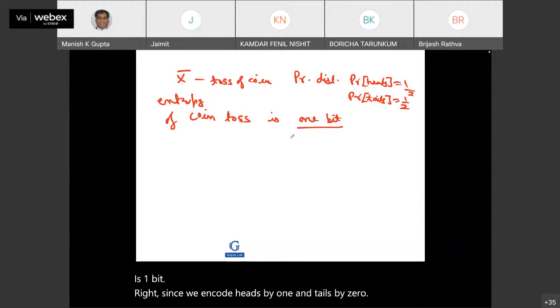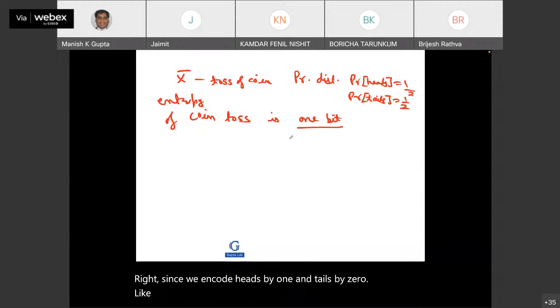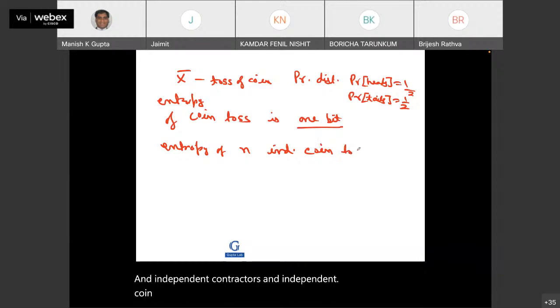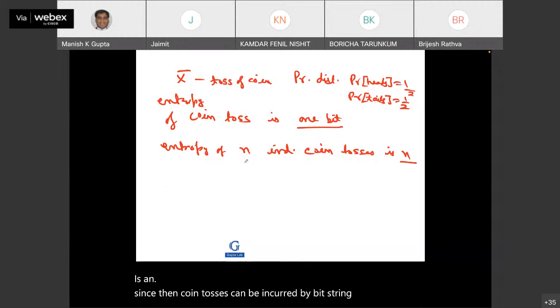It's just 1 bit. Similarly, the entropy of n independent coin tosses is n, since n coin tosses can be encoded by a bit string of length n.